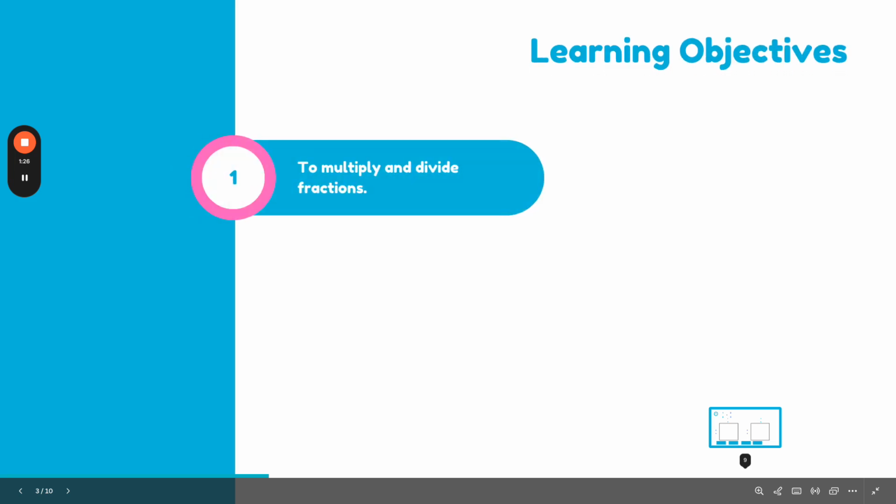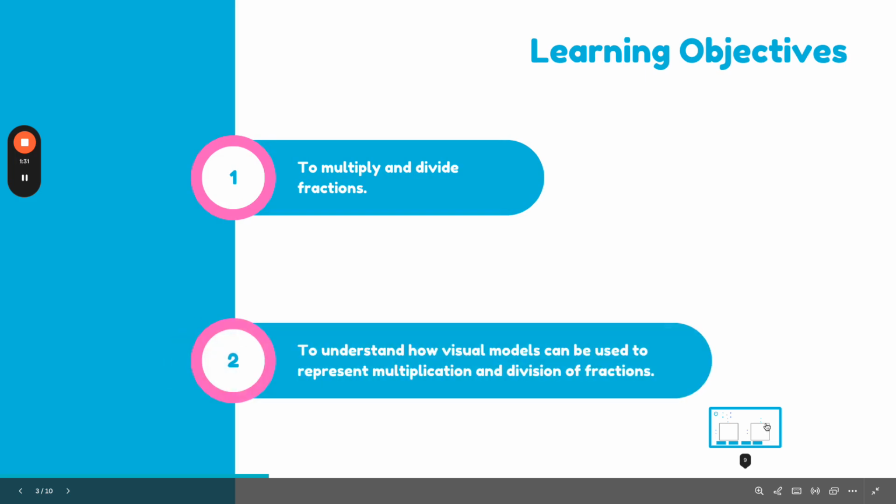So in today's lesson, we will be learning how to multiply and divide fractions, and also understanding how we can visually represent multiplying and dividing fractions, because sometimes pupils or students may know how to perform the sum, but may not know how to visually understand what it means to multiply and divide fractions.